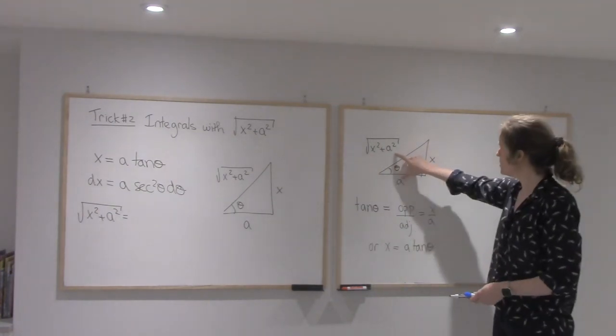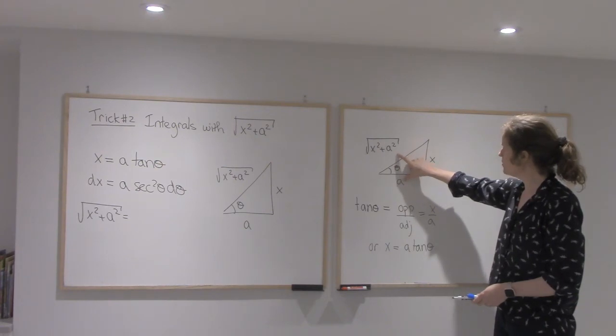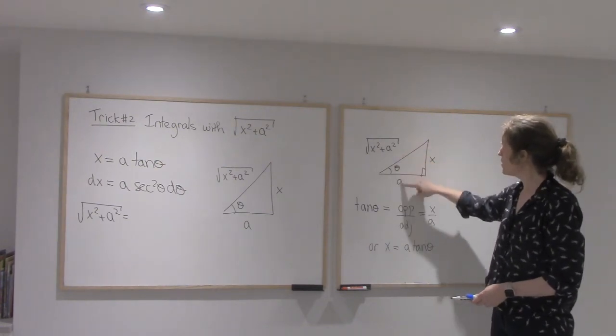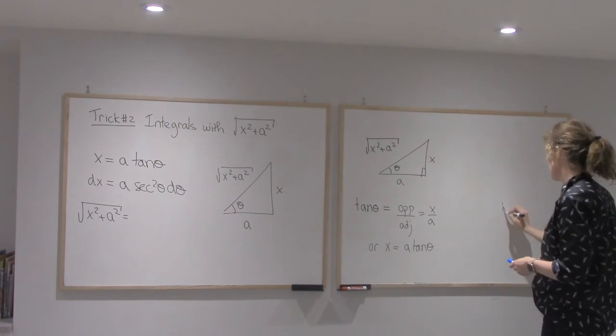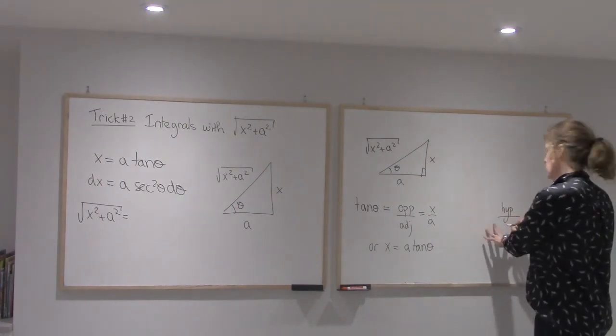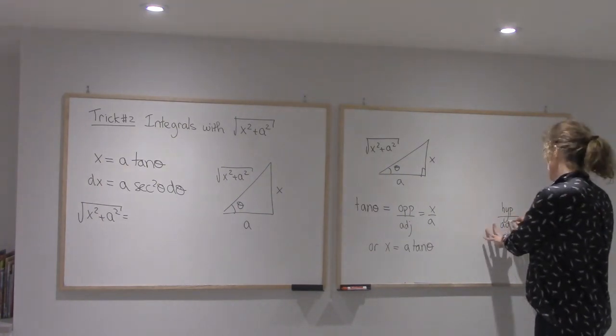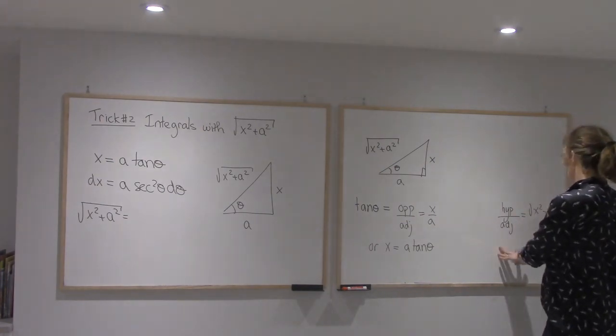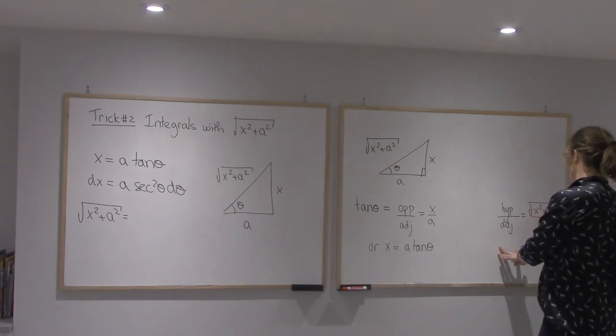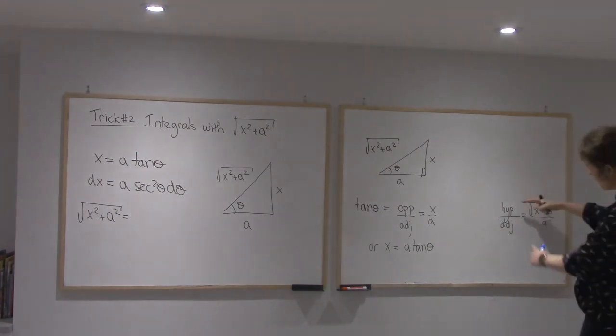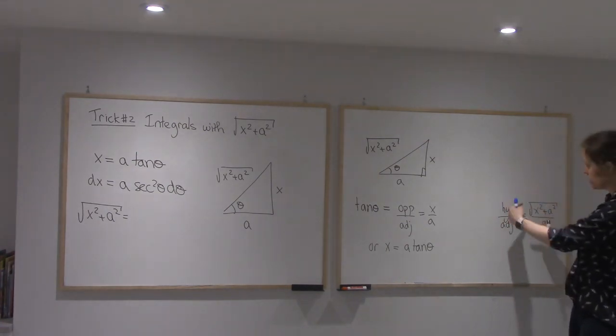So the square root is here, so I want hypotenuse over, I don't want an x, so I'm going to use hypotenuse over adjacent. That will be the square root of x squared plus a squared over a. Adjacent over hypotenuse is cosine.